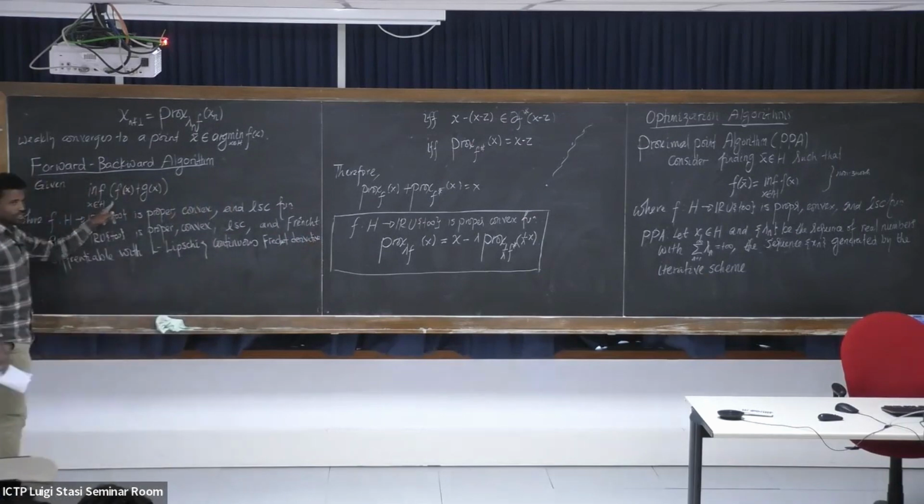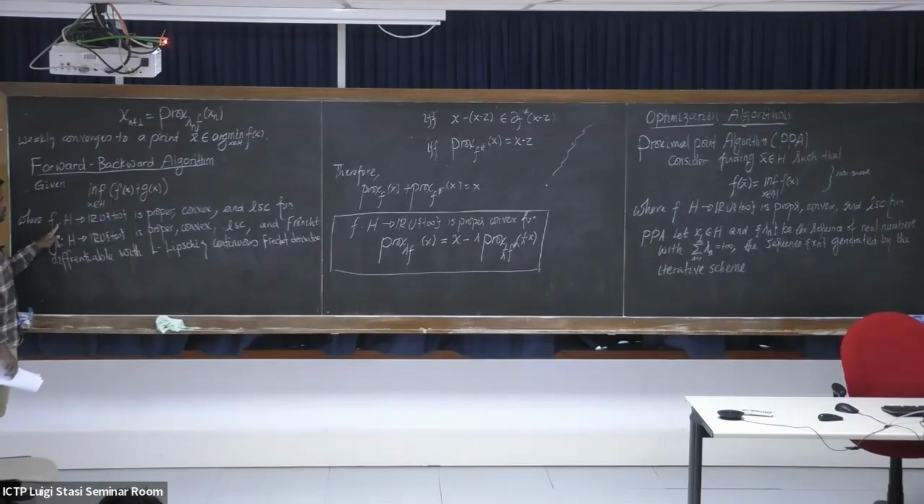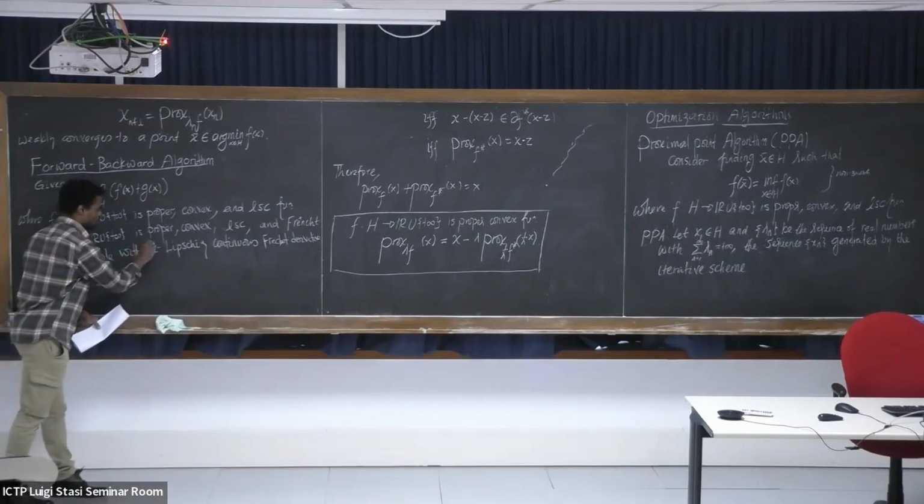So this optimization problem is discussed under this condition. F is a proper convex lower semi-continuous function. G is a proper convex lower semi-continuous and Fenchel differentiable function, but the Fenchel gradient is L-Lipschitz. Okay, it's a Lipschitz continuous operator.